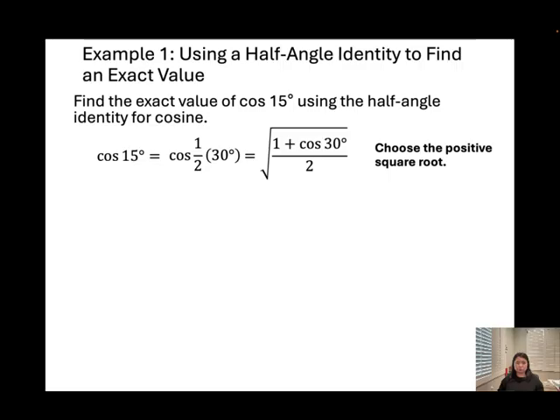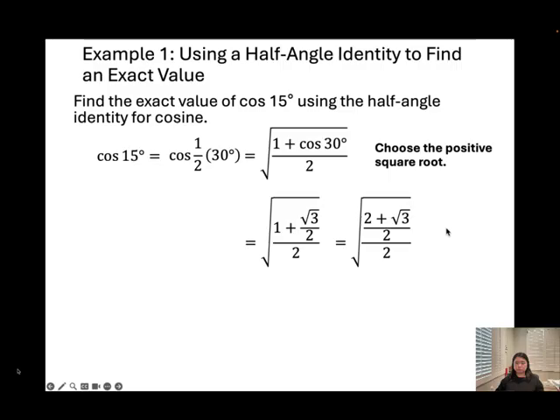It will be root 3 over 2. Now get the same denominator: multiply by 2 here and by 2 here. So we get 2 plus square root 3 over 4, and then the square root of 4 is equal to 2.